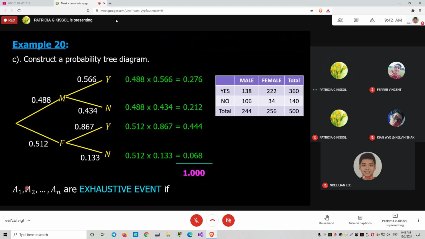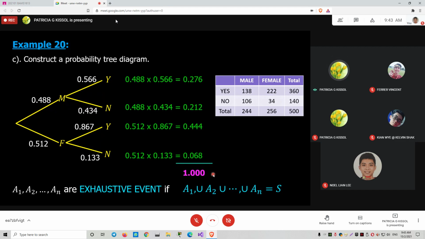From here, we have A1, A2 up to AN, known as exhaustive events if the union of all the events gives us the sample space, which is the value of 1. That is what it means here, that all these are considered exhaustive events. Combine all of it, the union of all of it should be equal to the sample space, which is the value of 1.